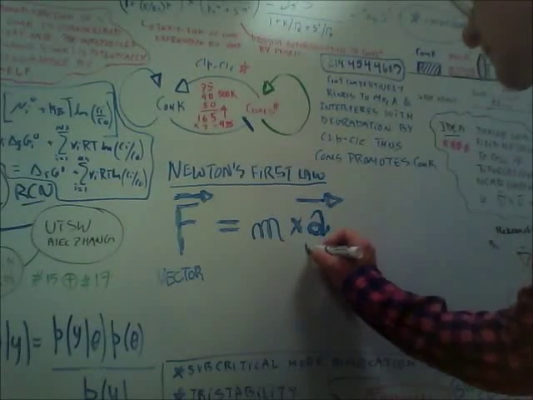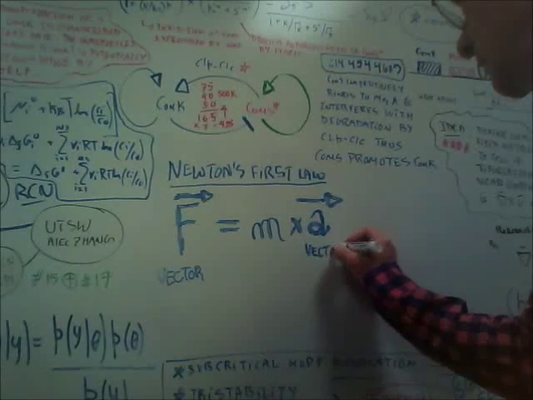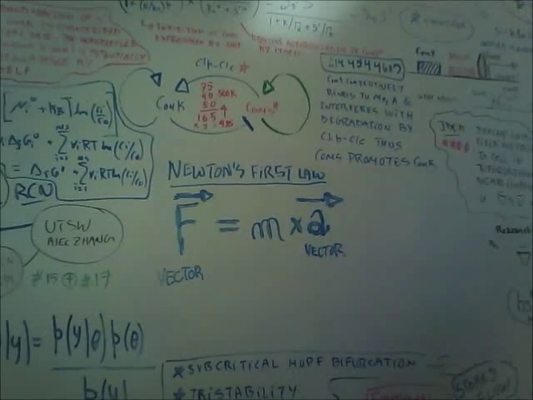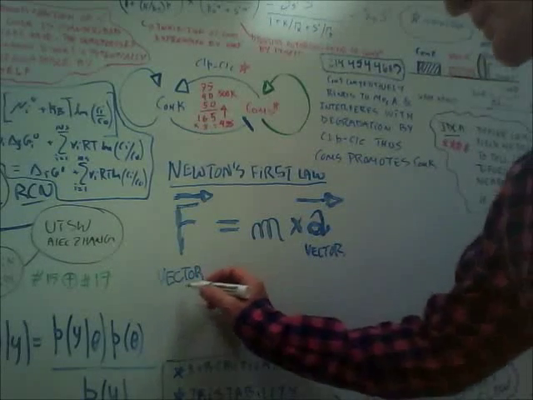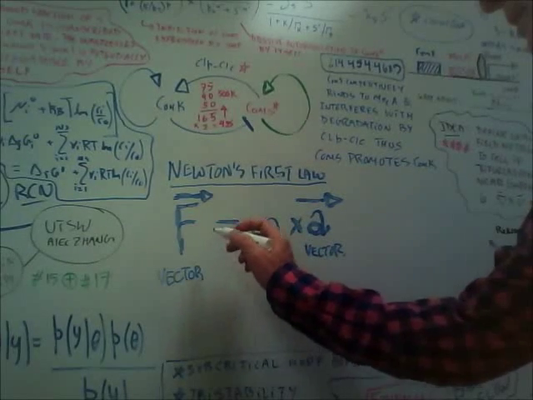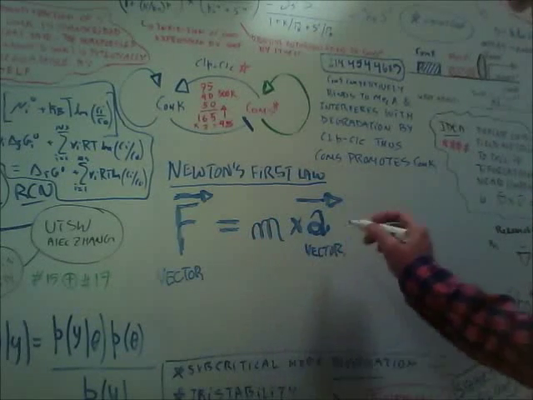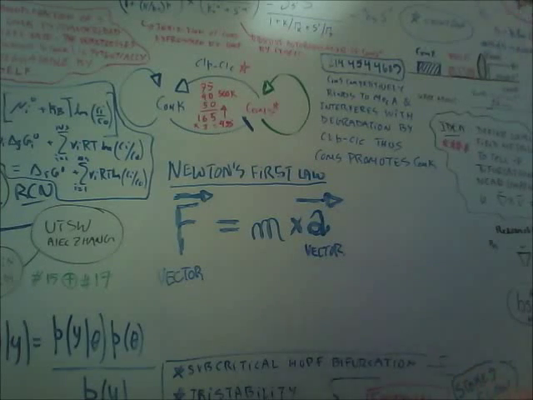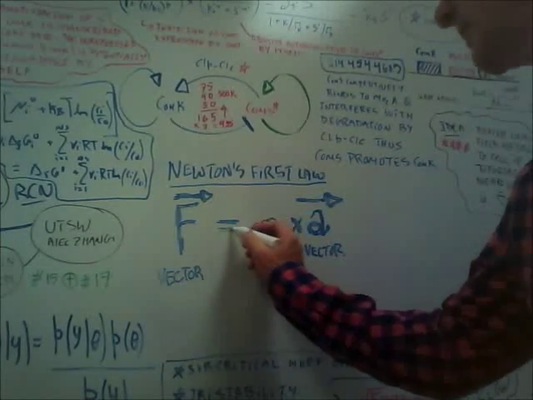Therefore, A is also a vector. So the law really relates two vectors, relates two quantities, a vector called the force and a vector called the acceleration. And the relationship happens to be linear.